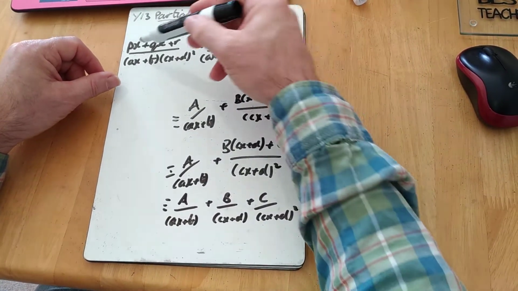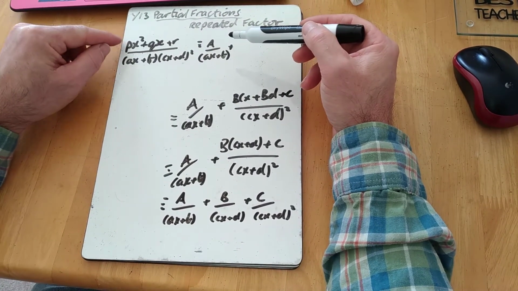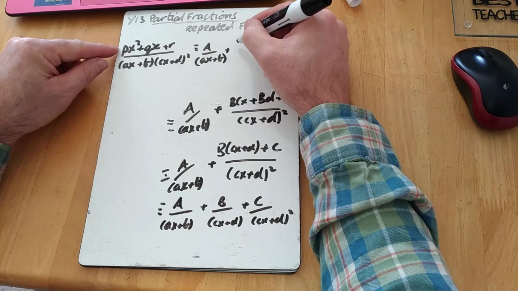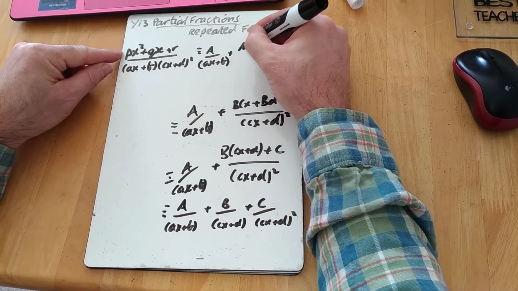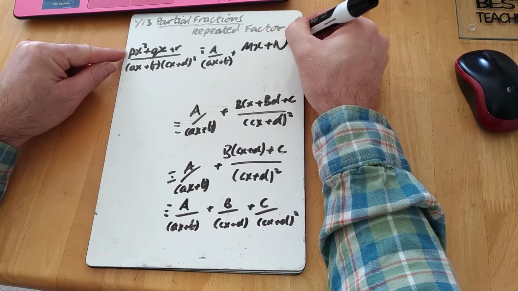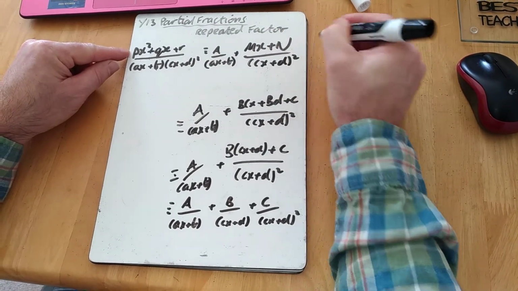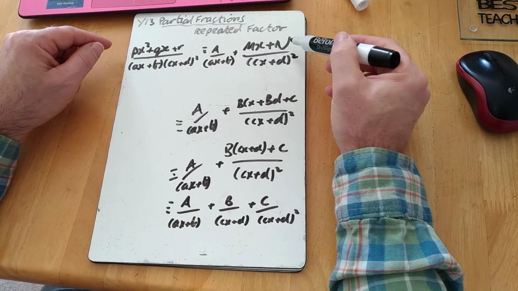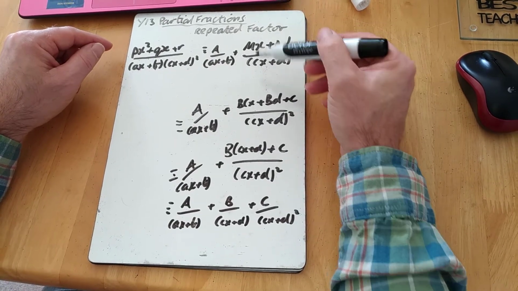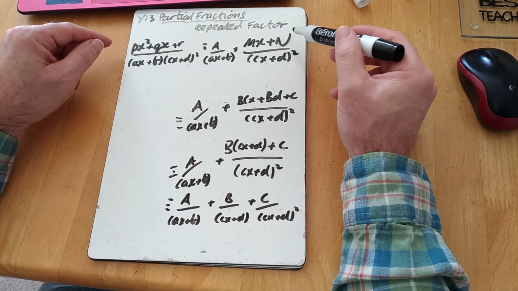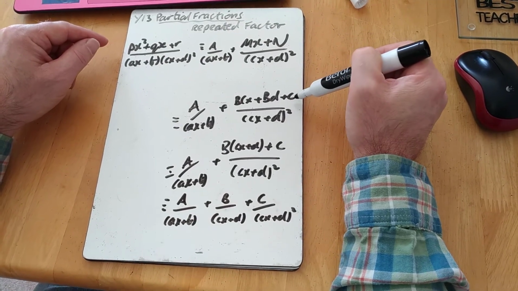It's as if we take this quadratic over cubic and split it up as the first bracket plus, let's call it, mx plus n over that thing squared. So these constants for particular values can be split up like this, where m equals b times c and n equals b times little d plus little c.